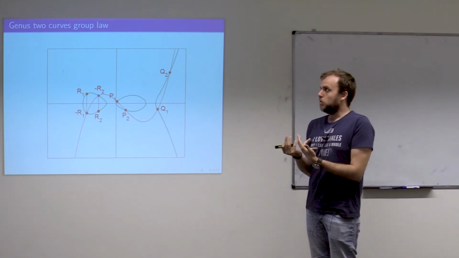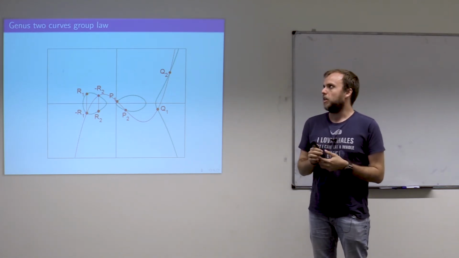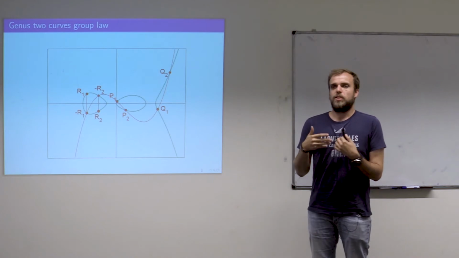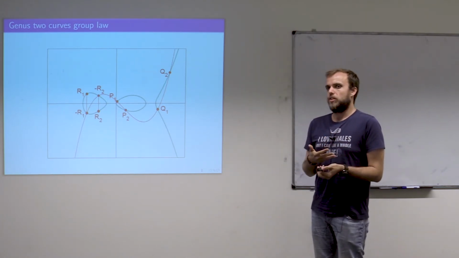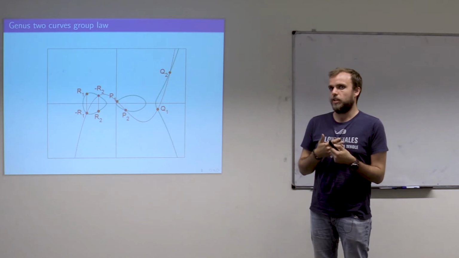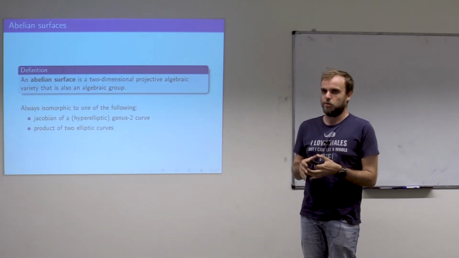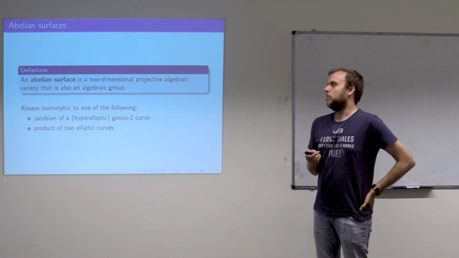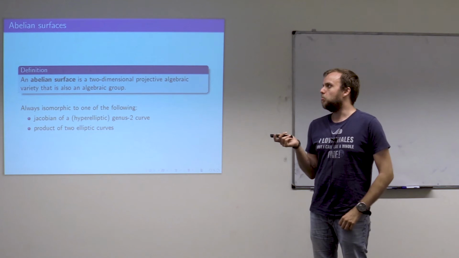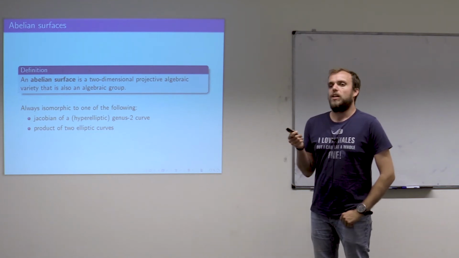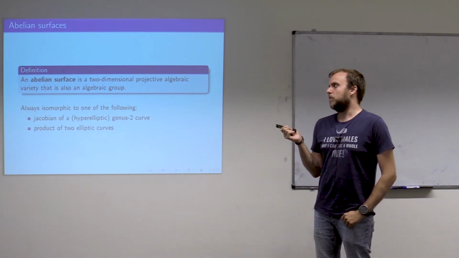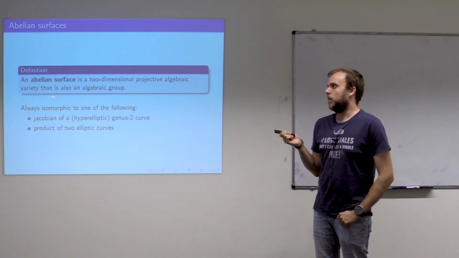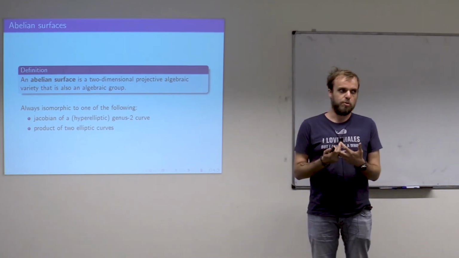Now we need isogenies between these objects that we're thinking about. However, if you just apply an isogeny to a domain being a Jacobian of a genus 2 curve, you can actually end up somewhere different. So we need a slight generalization of the genus 2 curves, being abelian surfaces. Instead of just working with genus 2 Jacobians, we actually need 2-dimensional algebraic varieties that are also groups.